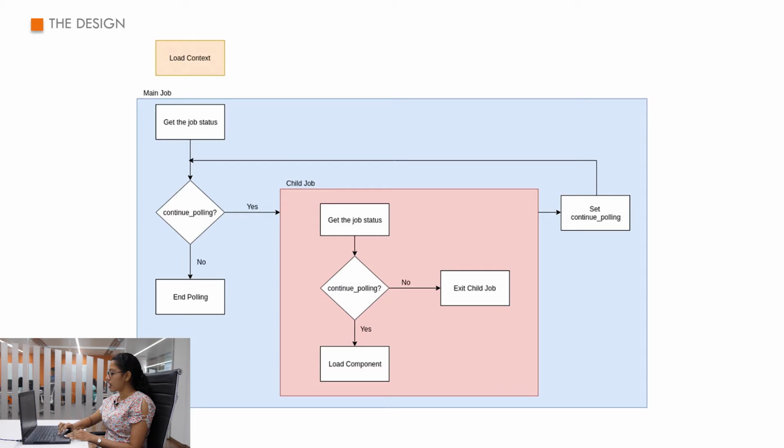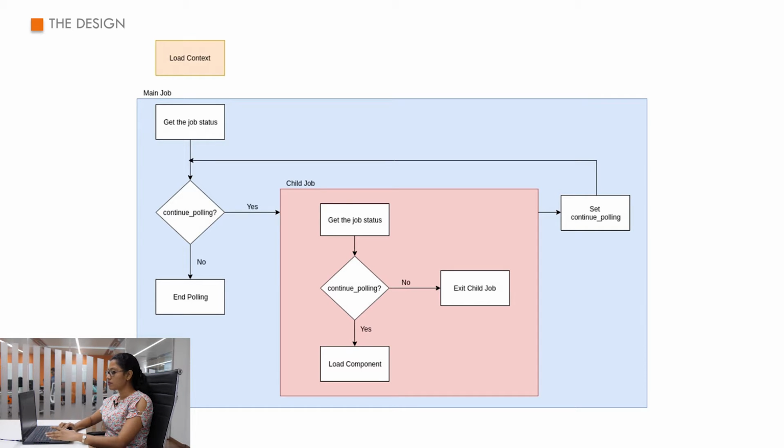The main job acts as the job that will trigger the polling, and inside the main job we have one child job. This will continue to poll the tracking table periodically. That is basically the design I am going to implement using Talend.